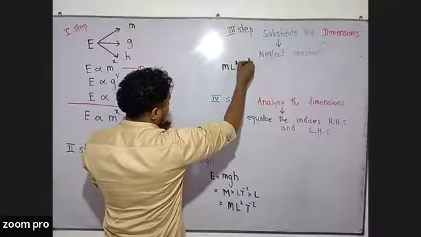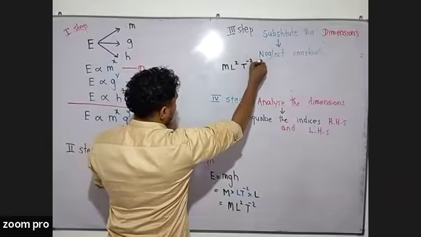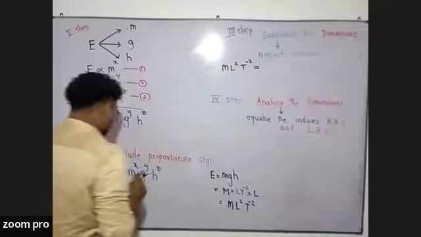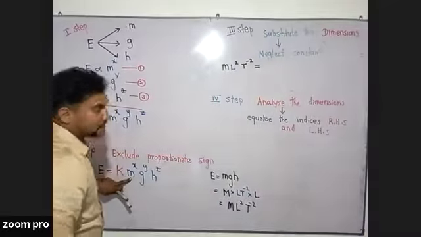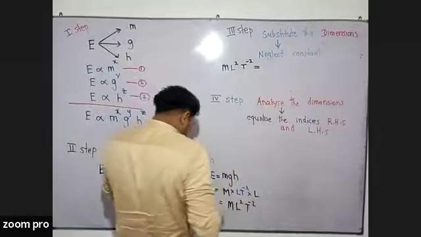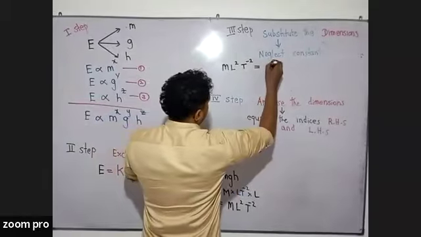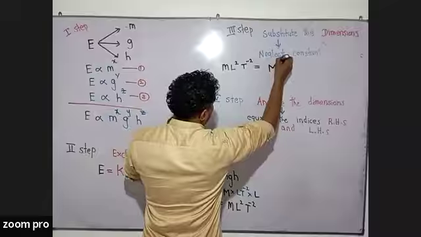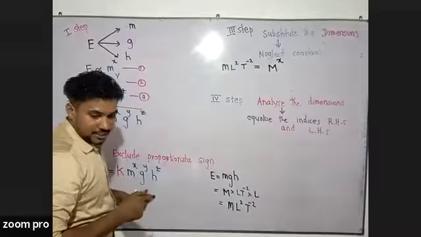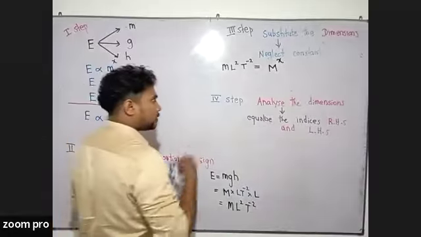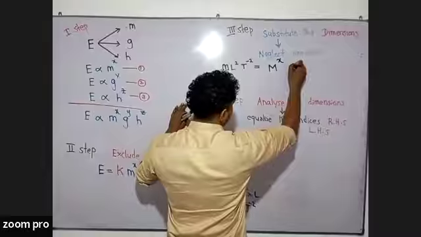ML^2T^-2 equals, just neglect the constant, then M^x. Here M means mass, so this should be substituted as M to the power of x. Then gravitational acceleration. Guys, I have told you that gravitational acceleration means the same acceleration, right?